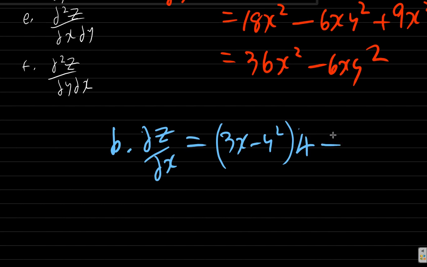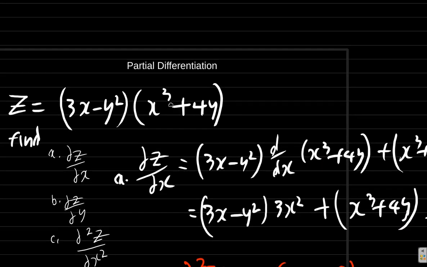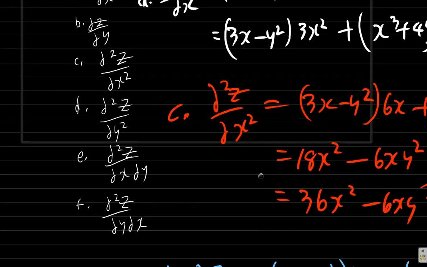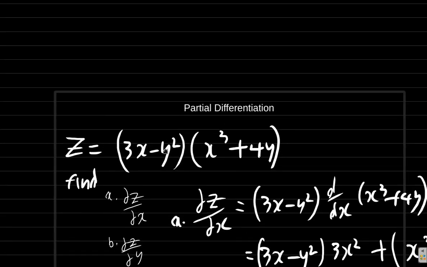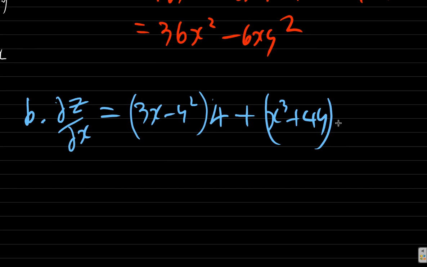Plus, hold x cubed plus 4y as it is, times, then differentiate 3x minus y squared with respect to y. You get negative 2y. You see that? Now let's simplify this.